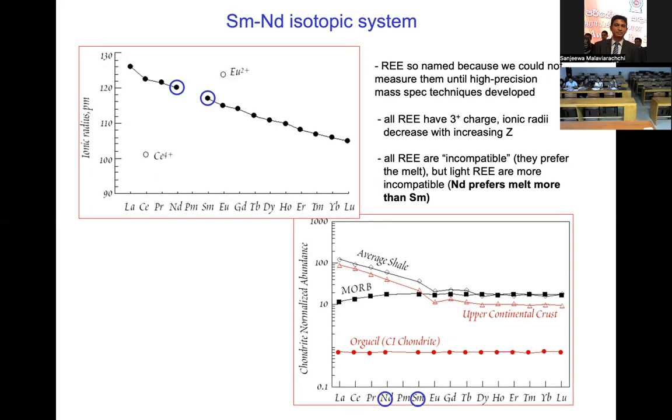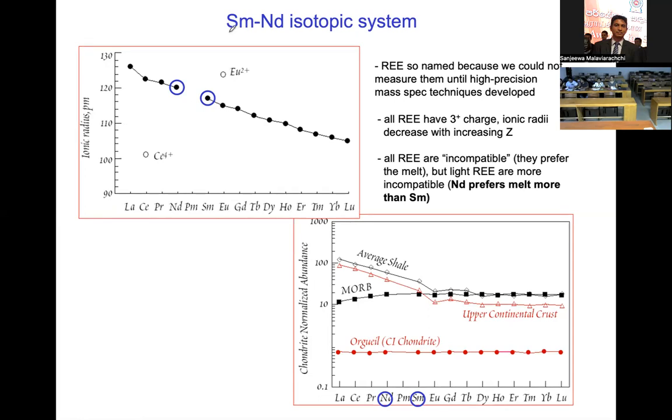The difference is because of the incompatibility. In the samarium neodymium system and the rubidium strontium system, the difference is basically coming from the incompatibility, because the parent daughter incompatibility is important, right?